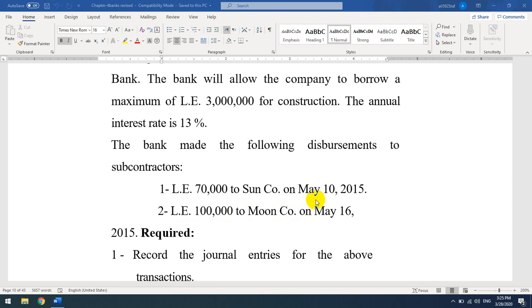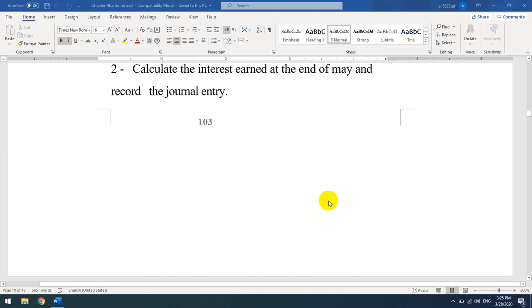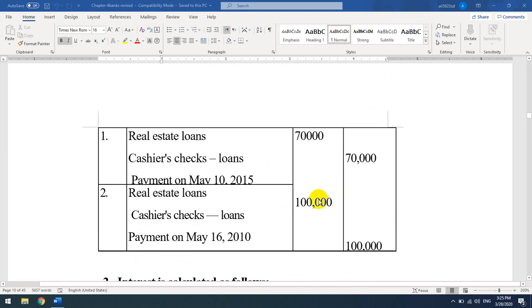This journal entry will be on May 10th. Let us see the answer. Yes, real estate loans debit 70,000 Egyptian pound, and cashier check credit for 70,000 Egyptian pound, payment on May 10th.